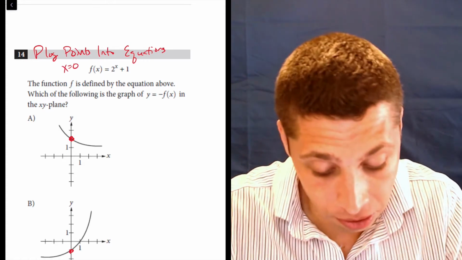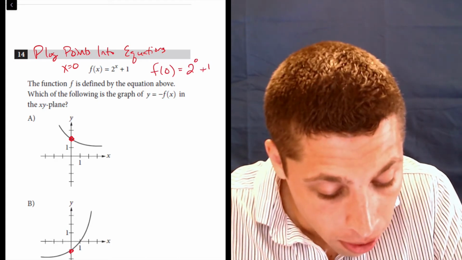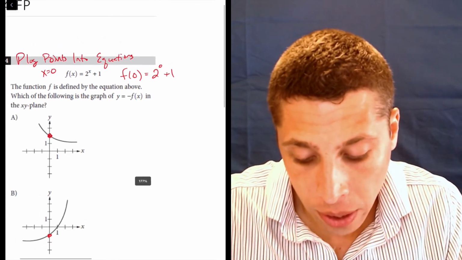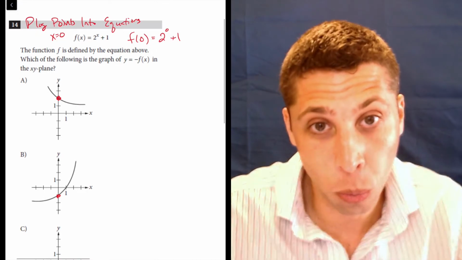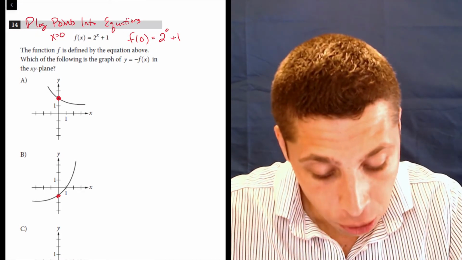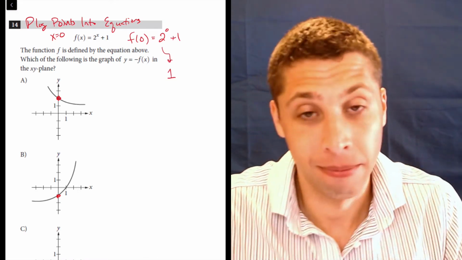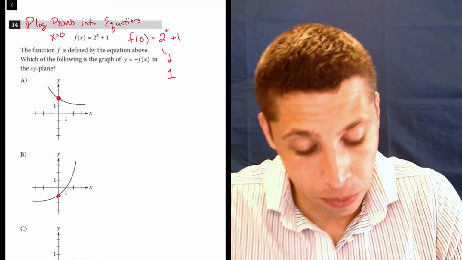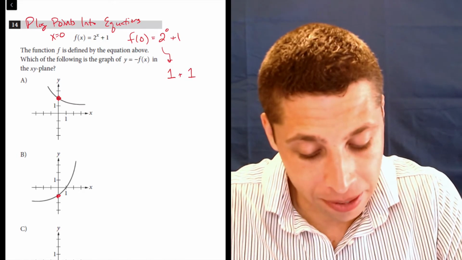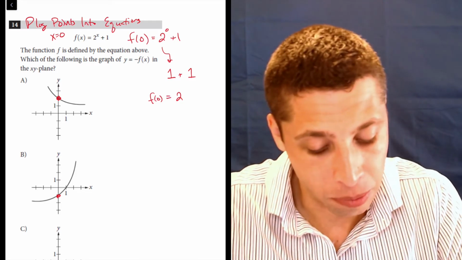So f of x, or f of 0, is 2 to the 0 plus 1. And this is where you can't make the assumption that 1 is going to be the y-intercept because exponentials behave differently. 2 to the 0 is 1. So the y-intercept is actually 2. So let me write it another way.